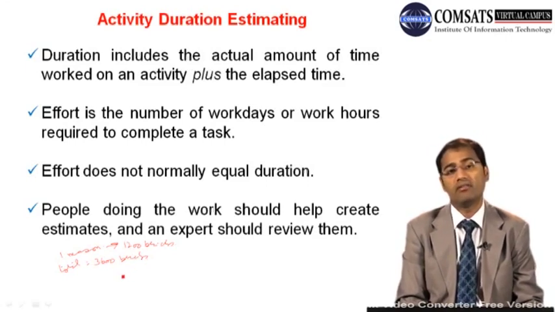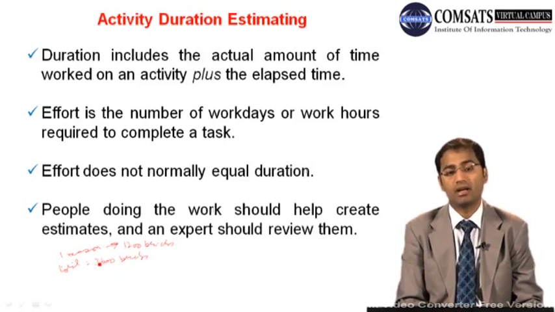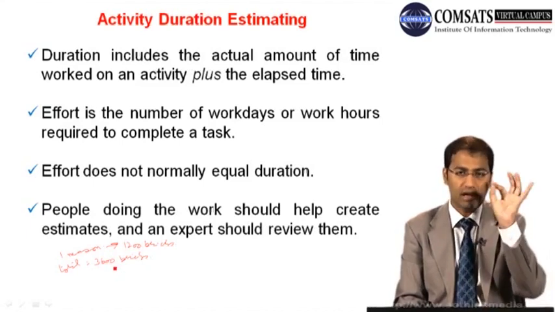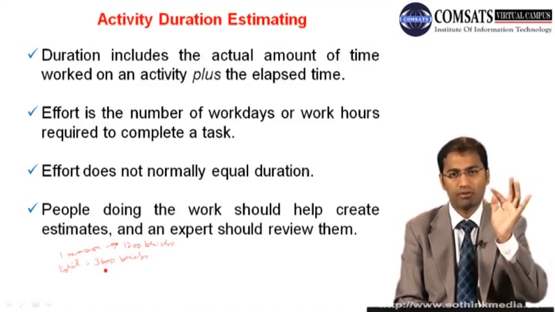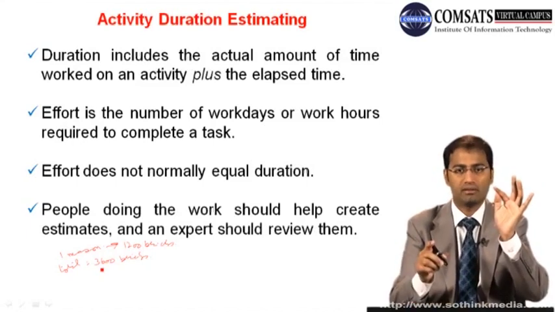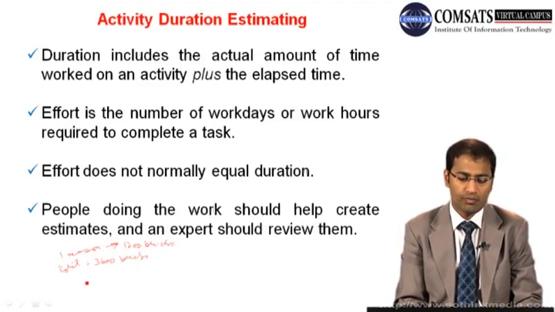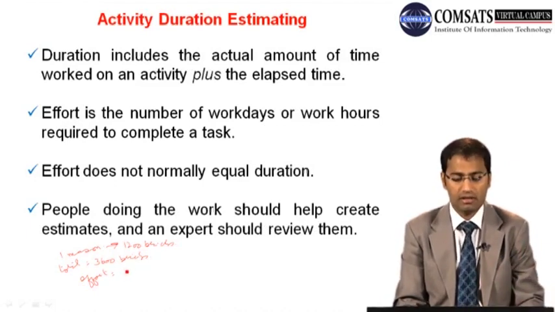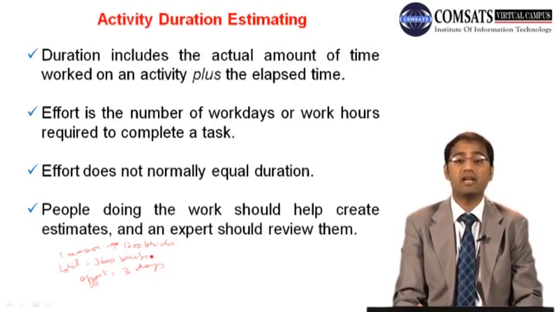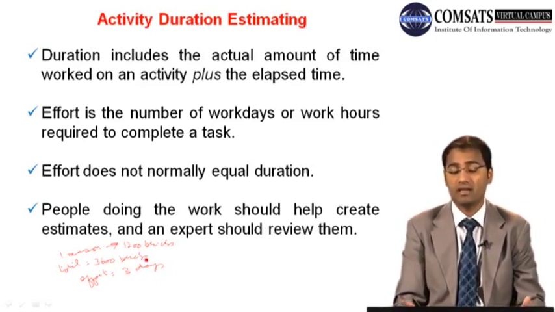How many days will this mason take to lay these 3600? So in one day he will do 1200, next day 2400, and the third day he will complete the task. So the effort of the mason is equal to 3 days. But the activity may take up to 4 or 5 or 6 days.